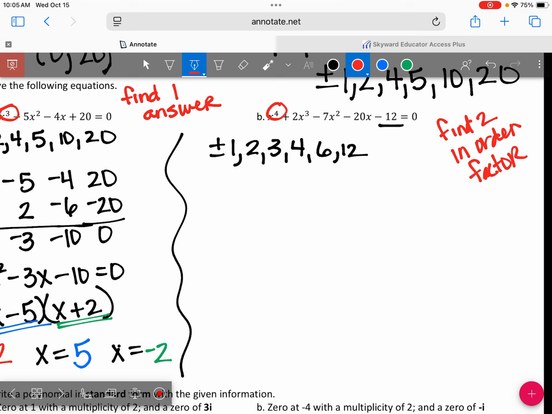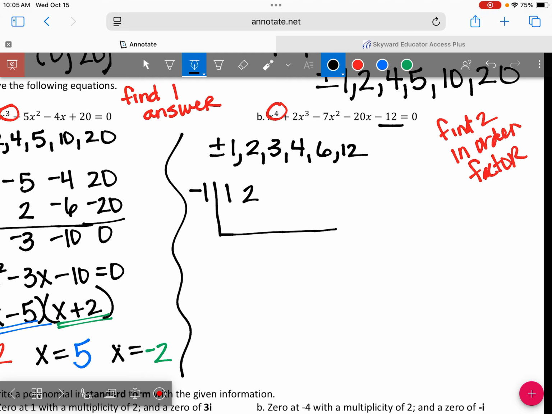All right, so let us go ahead and get started. So the first number that will work is -1. I'm going to do that in black. Okay. So the first one that's going to work is -1.